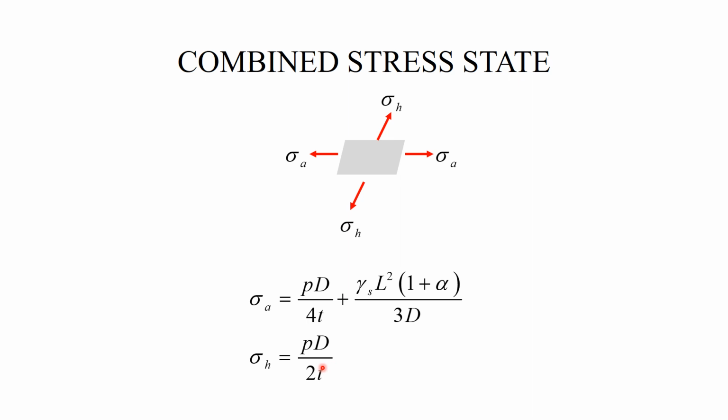The bending does not contribute to the hoop stress, and so these are the expressions for the stresses. And now we have to choose L based on the fact that one of the stresses or both of the stresses must be less than allowed.